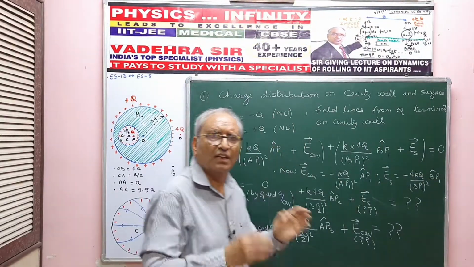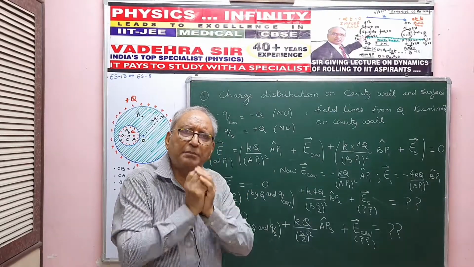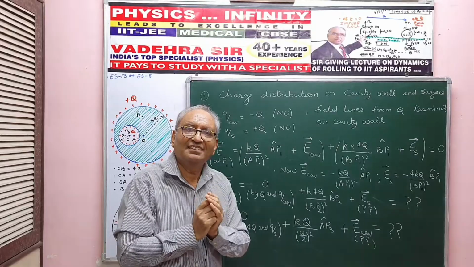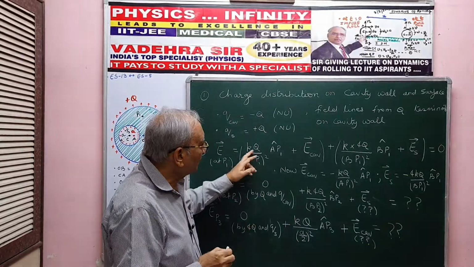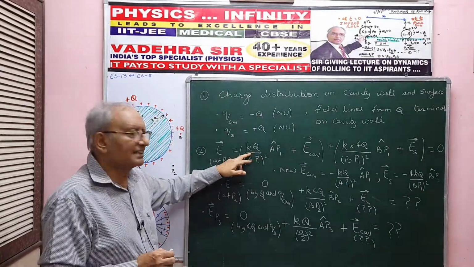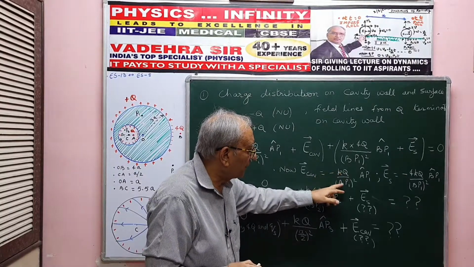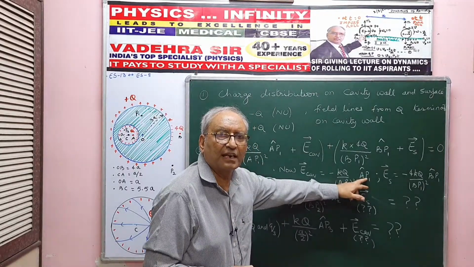Very interesting. Now if I ask you a question, what is the field contribution at P1 due to the charge on the cavity, that is minus Q? Very easy, because the sum total of this and E cavity is 0. So E cavity will be negative of this. So E cavity will be minus KQ upon AP1 whole square and the unit vector AP1 cap.